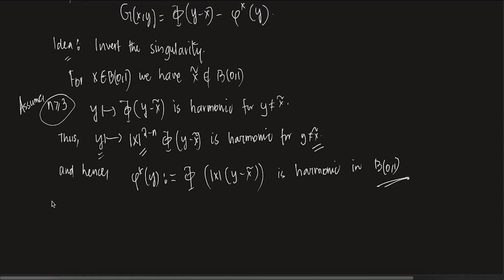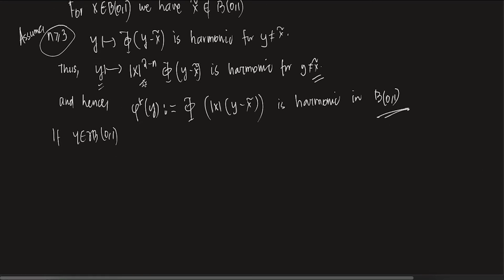If y is in the boundary of B01, that is why I am multiplying with this particular mod x to the power 2 minus n. So let's say y is on the boundary of the ball and x not equal to 0. I am choosing x not equal to 0. Then mod x square times mod y minus x tilde square, let's calculate this thing.